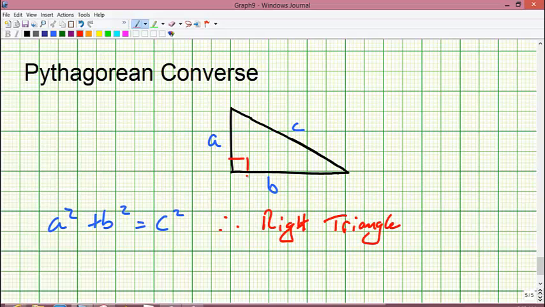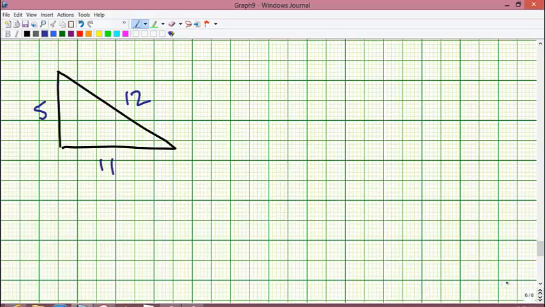So let's look at some examples of how this can be used. We'll start off with a simple example. Is this a right triangle? We've got a triangle with sides of 5, 11 and 12. Let's try this in Pythagoras' theorem. If it is a right triangle, then 5 squared plus 11 squared will equal 12 squared.